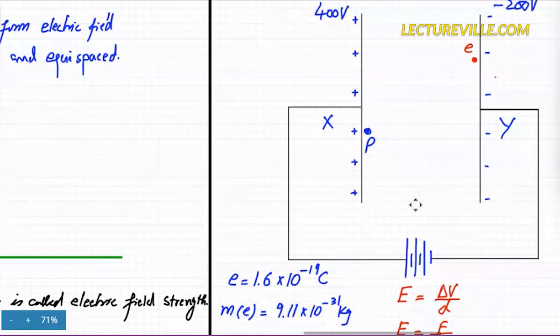F is equal to ma. Exactly. And can we use that formula for finding a? Yes, we can. We just have to rearrange. a equals F over m. We know F, we know m. Mass of electron is given over here. I hope you can see that on the screen.